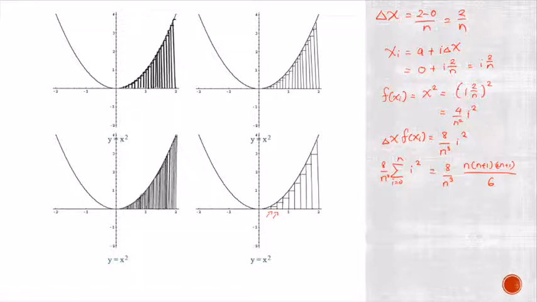So we get 8 over n cubed times n plus 1 times 2n plus 1 over 6. The precision is dependent on how big n is. If we want to find the exact area of the curve, we find the limit as n approaches infinity.